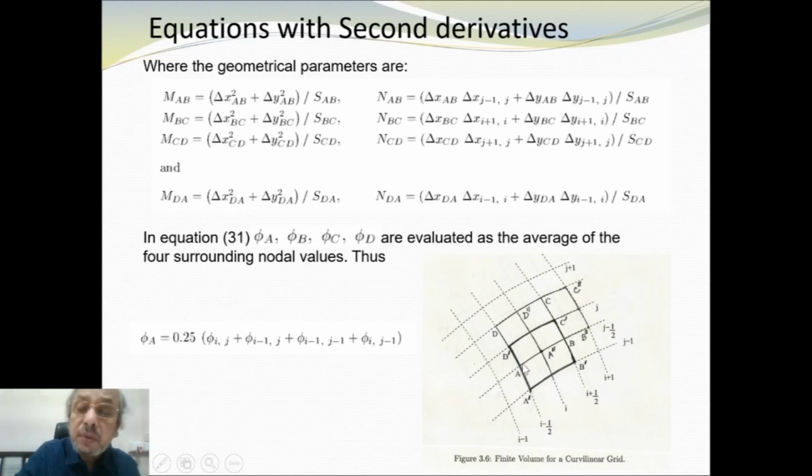So if we want to find this point in terms of 4 neighboring points where things are well defined, it is crossing the i j minus 1 line. So this is ij, this is i minus 1 j, sorry, and this is i minus 1 j minus 1.